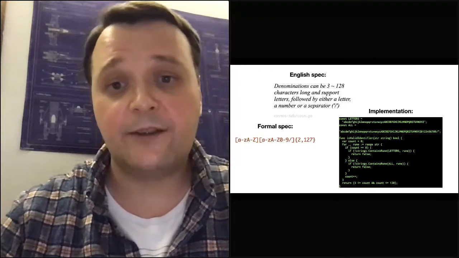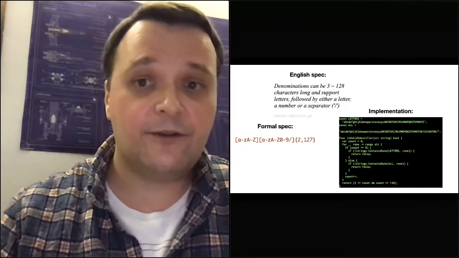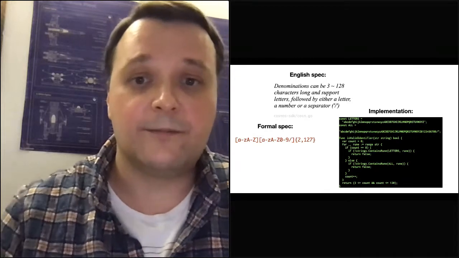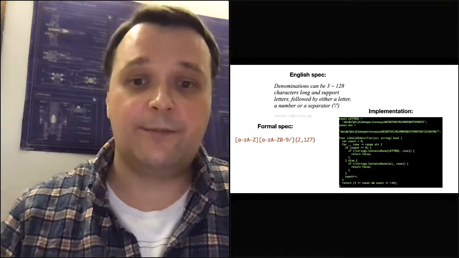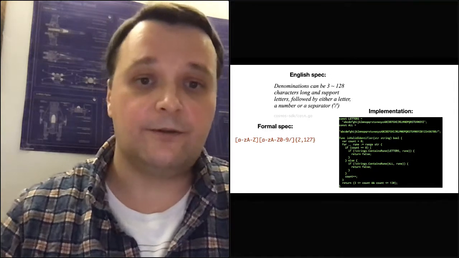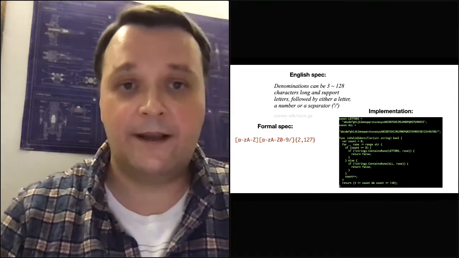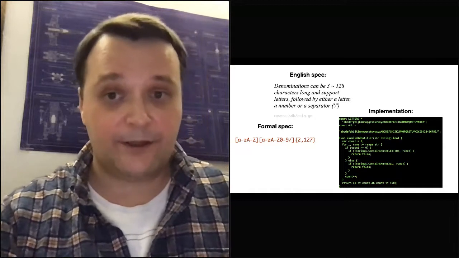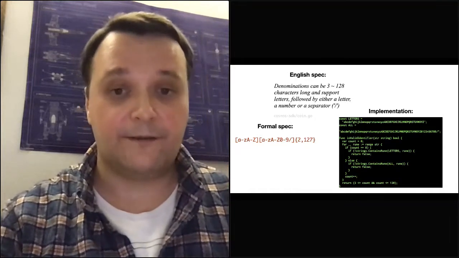On the right-hand side, you can see an implementation of this specification. That's what I did myself. It's not actually part of Cosmos SDK. You see it's a bit of code here. If you think about it, you'll probably see that it matches the English specification. And on the left-hand side, you see a regular expression. That's actually a formal specification.